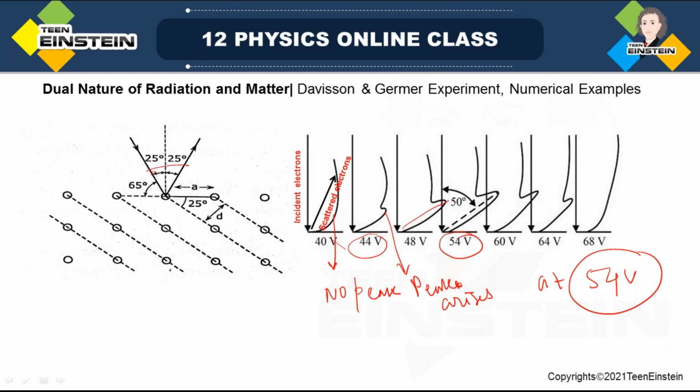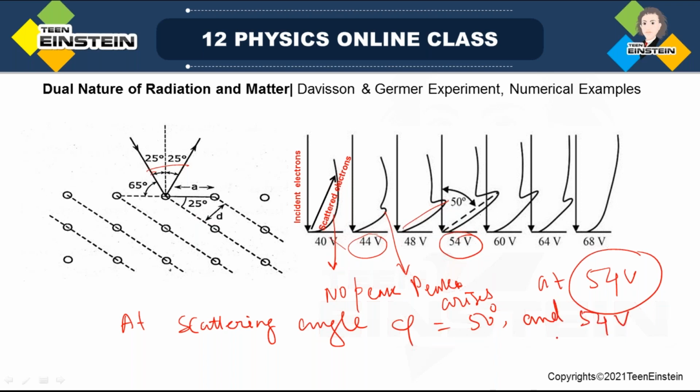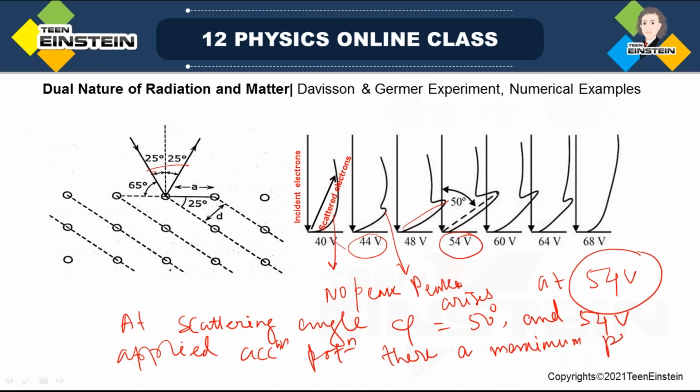So at scattering angle phi equal to 50 degrees, and 54 volt applied accelerating potential, there is a maximum peak intensity. This is what was observed.